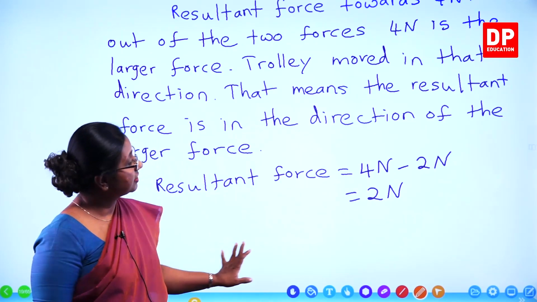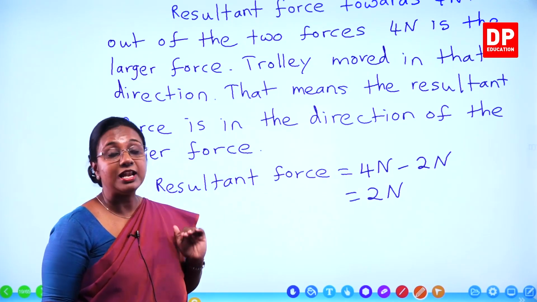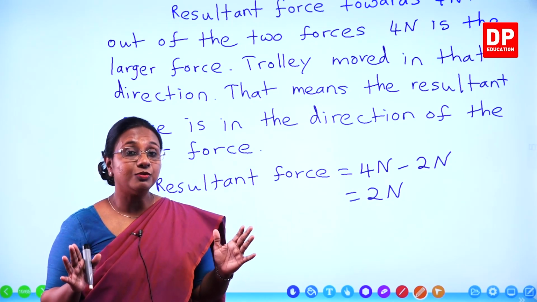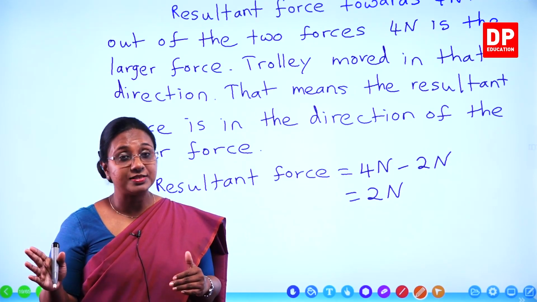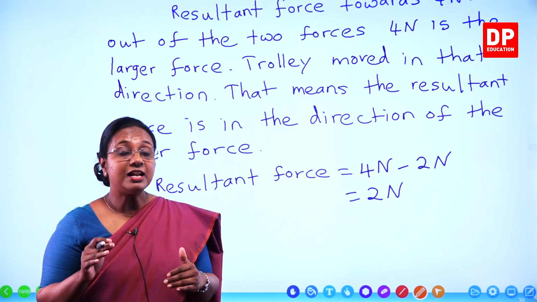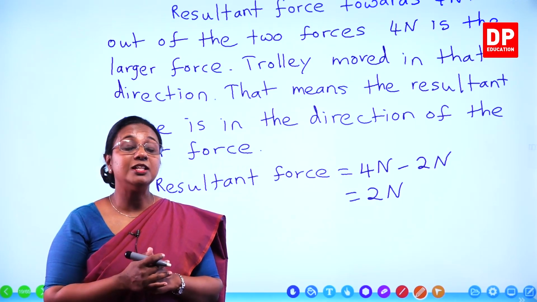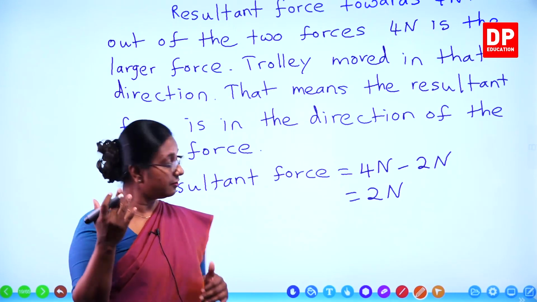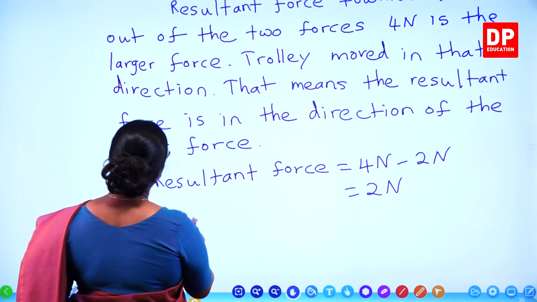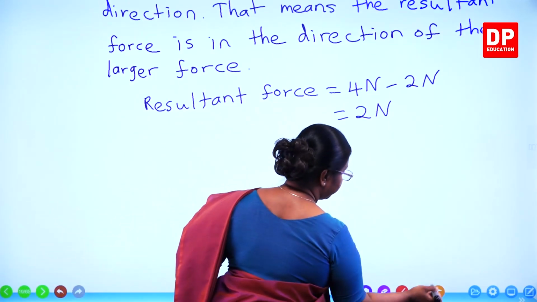So from all these observations, from the values you get, we can conclude that when two collinear forces are acting in the opposite direction, the resultant will be the difference between the two forces and it will be in the direction of the higher force. So from this, we can come to that conclusion.